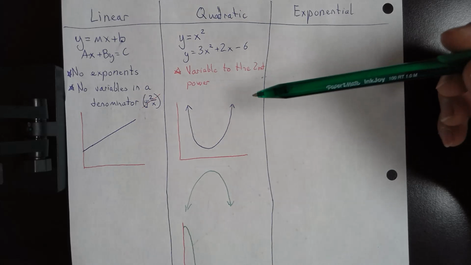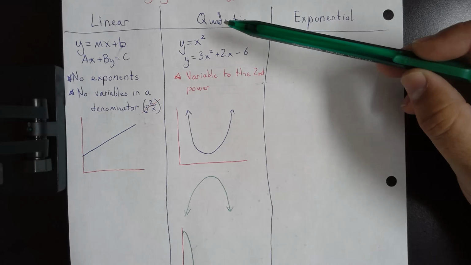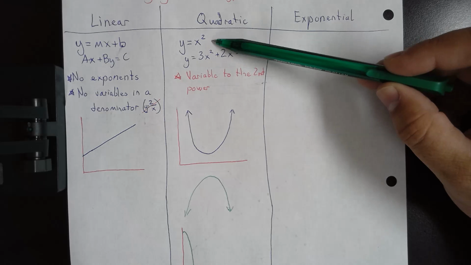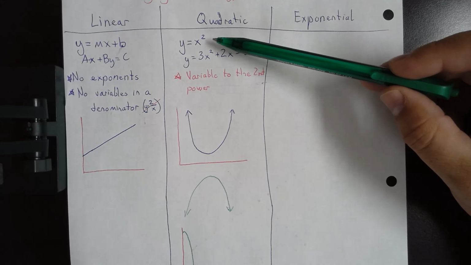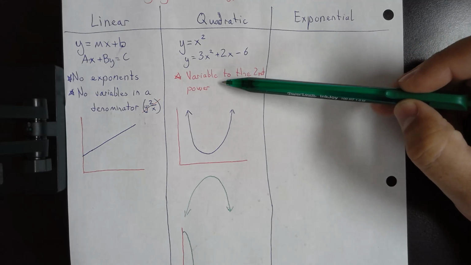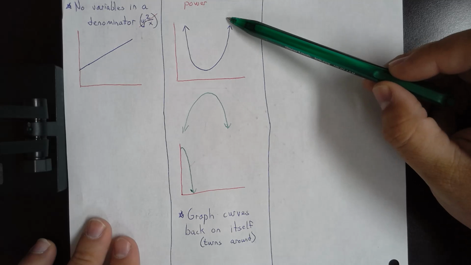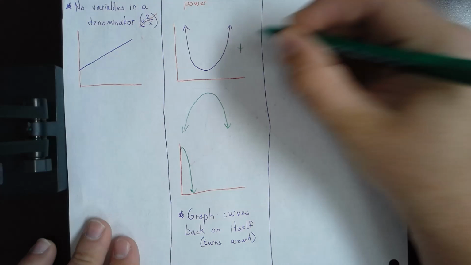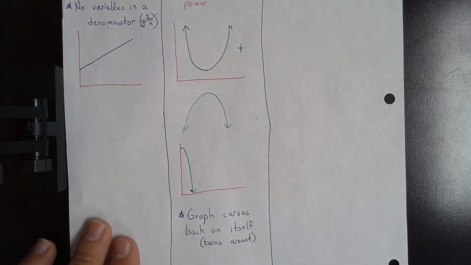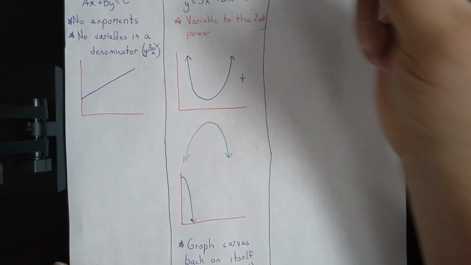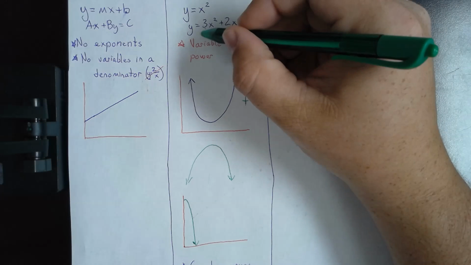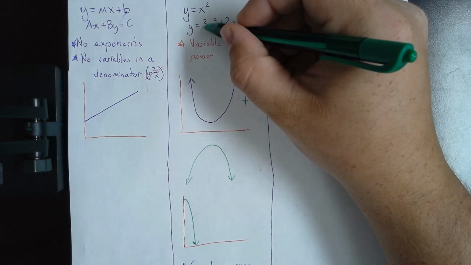Our quadratics, we talked about that. We have an x squared in our problem. Okay, we have that variable to the second power. We talked about how our graphs of quadratics are either U-shaped, if it is a positive quadratic equation, meaning the a value, the value that's out front here, if that is positive, you're looking at it opening up.